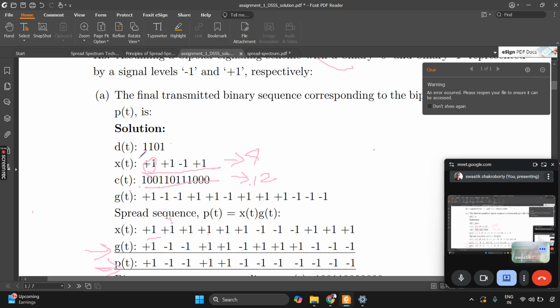And a dot product can only happen if the two sequences have matching length. This is a 4-length sequence and this is a 12-length sequence. So how many times do we have to repeat? We have to repeat 3 times. So each symbol in the sequence is repeated 3 times.